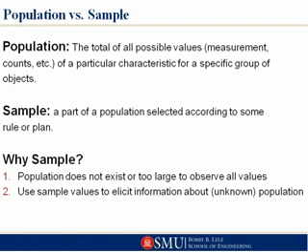Additionally, why else do you sample? You use the values to elicit information about an unknown population. It might be very expensive to ask, or do an inquiry about, every single entity in your population: time cost, money cost, resources cost to gather that information.